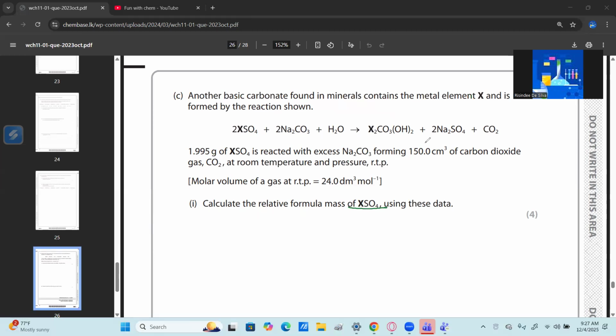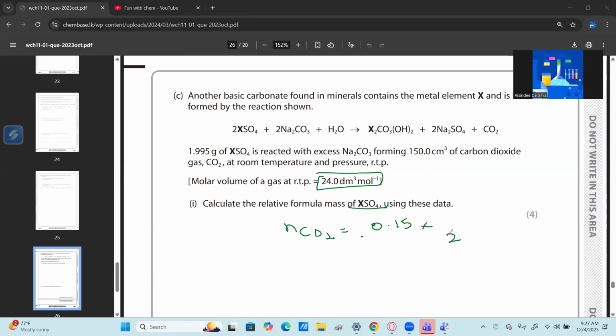So children, using the volume of carbon dioxide, we can easily find the moles of carbon dioxide. 150, because they have asked us to use the molar volume, 24,000. We can find it in cubic decimeter, so we need to convert 150 cubic centimeters into cubic decimeter, divided by 1000. You get it as 0.15.